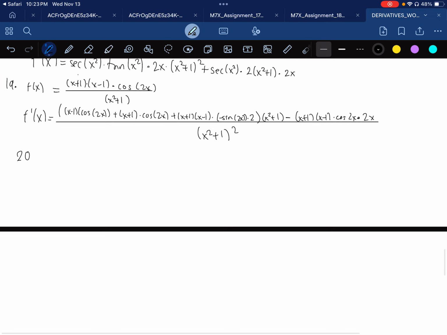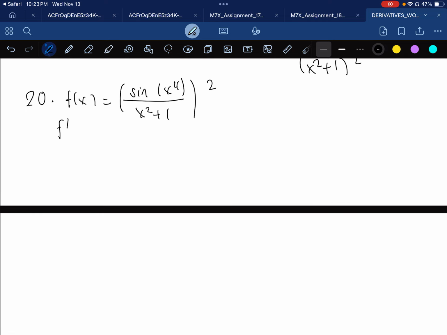Problem number 20. f of x is equal to sine of x to the fourth over x squared plus 1, all squared. Okay, we're going to differentiate. We're going to bring the 2 down and write the inside as is. But if we're going to do that, we have to differentiate the inside as well.